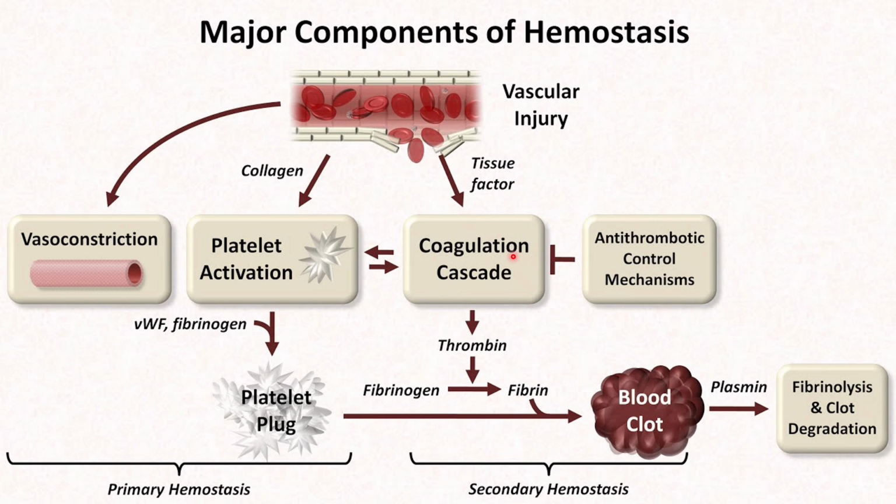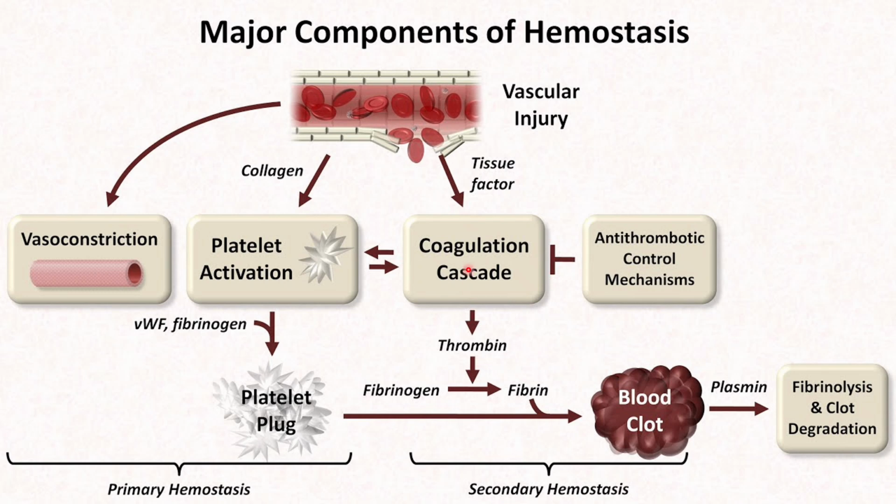And then after that will be a cascade of chemical reactions in the blood. It gets stimulated, and there are actually several antithrombotic control mechanisms that would lead to the stoppage of this reaction.